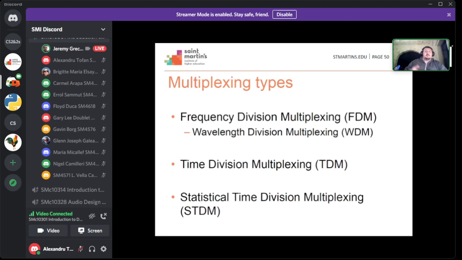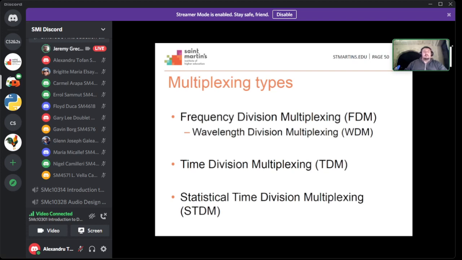So you'd have signals of different wavelengths being passed through the same medium, and then you would pick up the signal using the wavelength rather than the frequency.